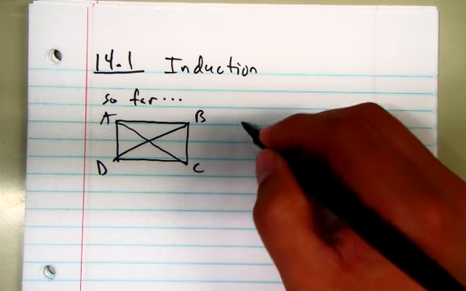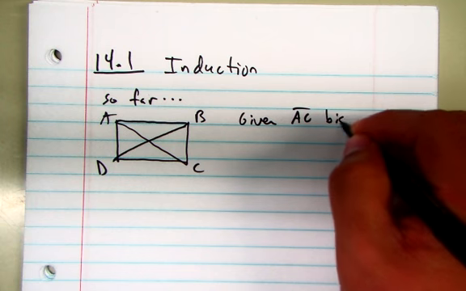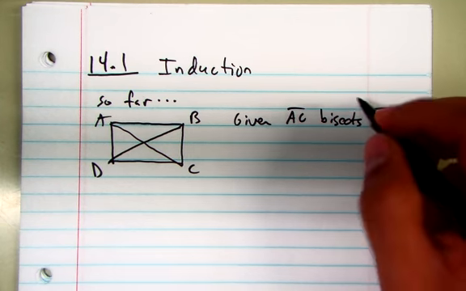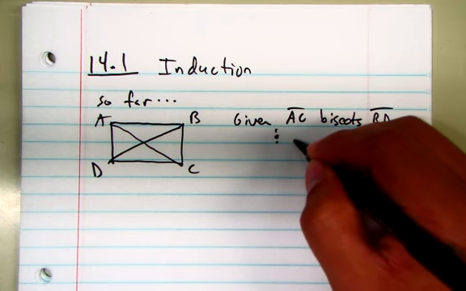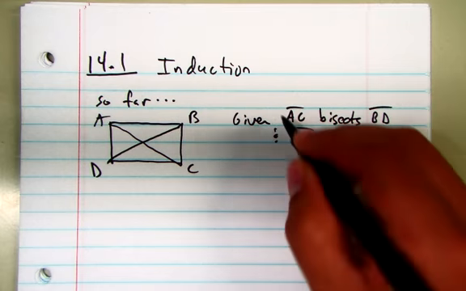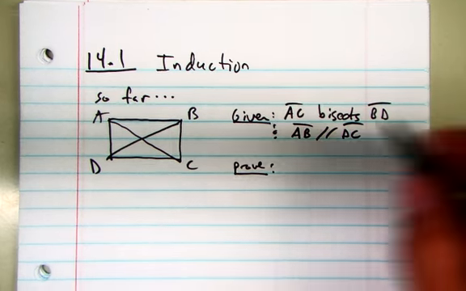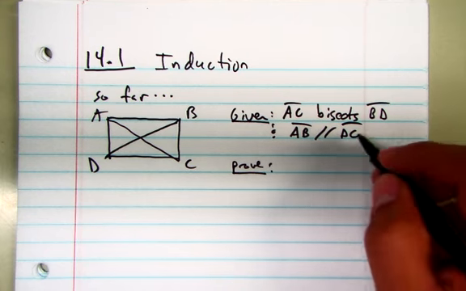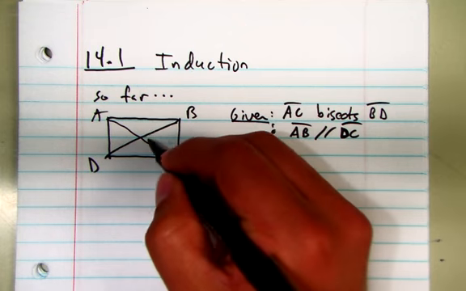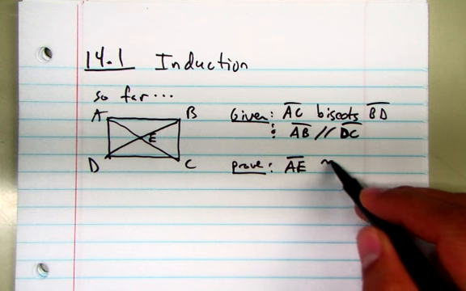And you're given some information like that AC bisects BD and AB parallel to DC, and you're supposed to prove, well, there could be lots of options, but let's say maybe prove that segment AE, which is going to be the intersection there, is congruent to CE.